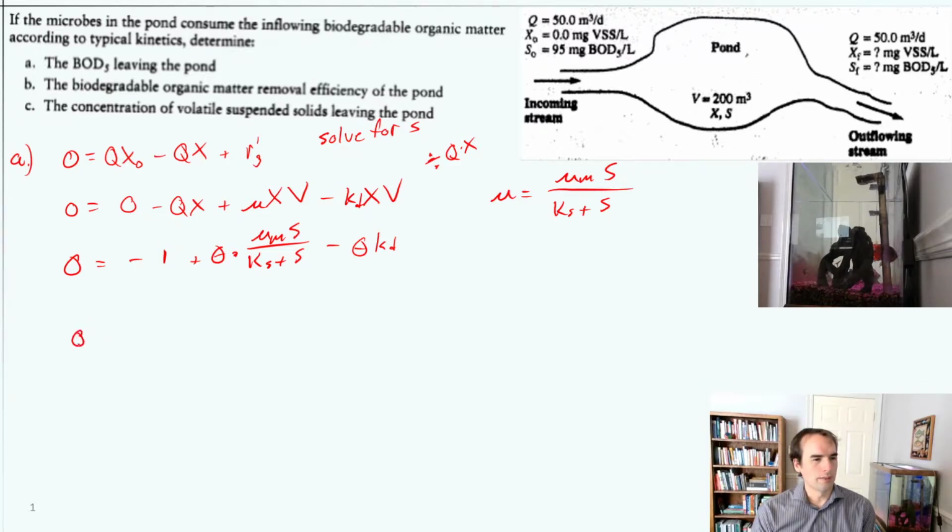So I'll say theta times mu max S divided by Ks plus S equals, minus, so really I would have added these two to the other side, so this is 1 plus theta Kd. All I did was add theta Kd and 1 to both sides and then swap positions.